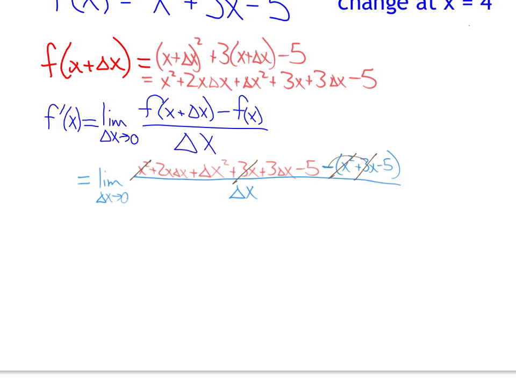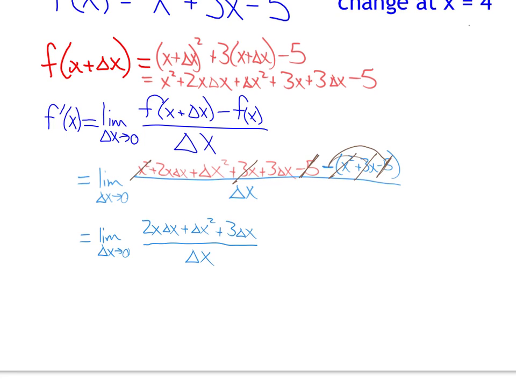And the -5 and the -5, we distribute that, so it's a plus 5, so that cancels out to 0. And notice what we end up with left: the limit as delta x approaches 0 of 2x delta x plus delta x squared plus 3 delta x all over delta x.